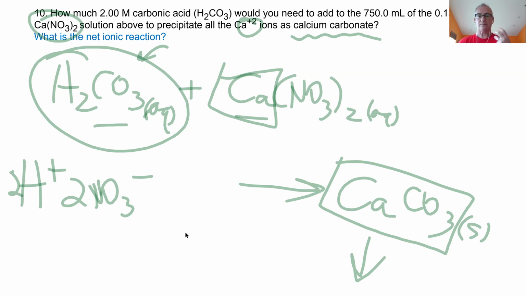So we need to balance our moles of calcium and our moles of carbonate. So how are we going to figure out how many moles of calcium there are? What information do we use to determine our moles of calcium?